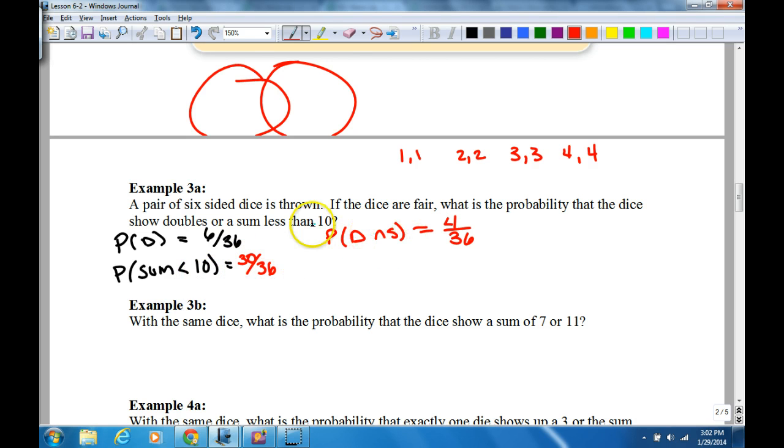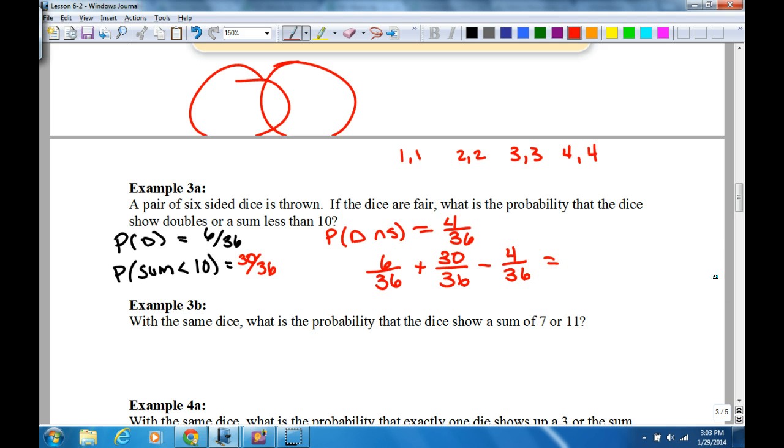These are where they're repeated, where they're in both piles: 1 and 1, 2 and 2, 3 and 3, 4 and 4. They're in both of these. So now what I want to do is add these together, 6 out of 36 plus 30 out of 36, but I got to take out the repeated value because they've already been counted twice.